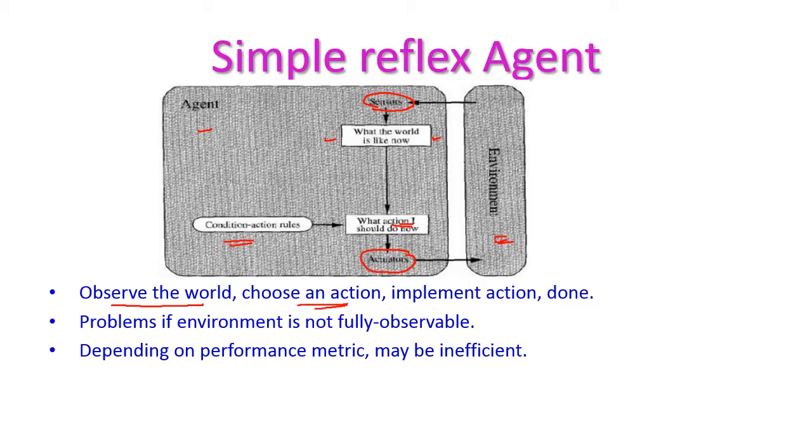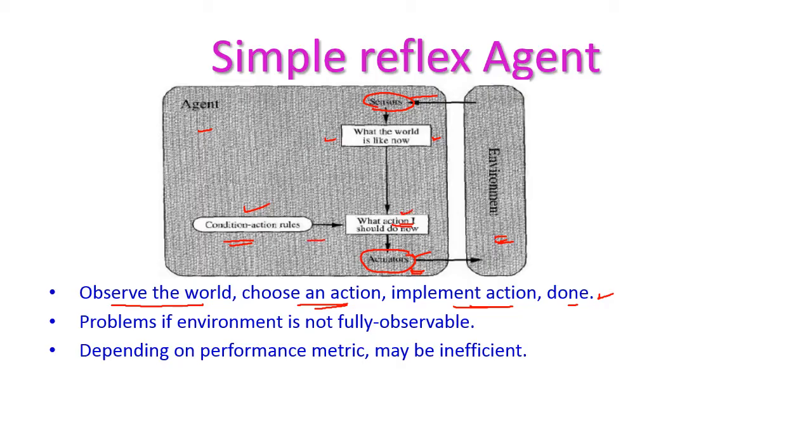So that action will be performed on the environment by using the actuators, that is, implement the action to be done on this environment. Okay, this is called a simple reflex agent. So this agent has its own sensors and own actuators. By using the sensor, it will observe the current environment, and by using this condition action rule, it will select the corresponding actions to be performed here.